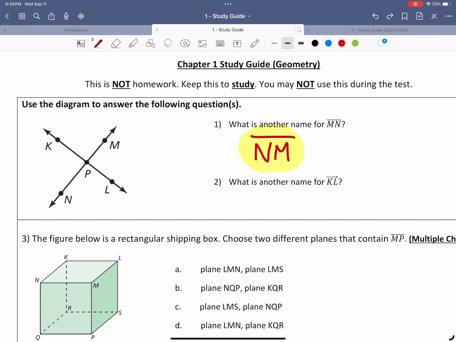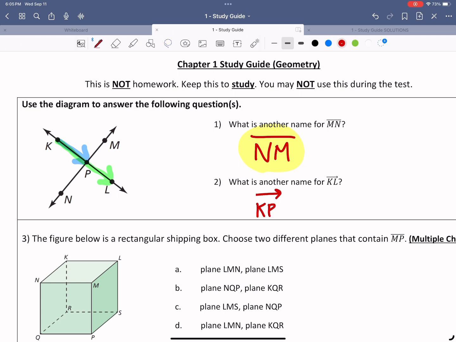Let's quickly use our handy highlighter, KL. Which one starts from the same point and goes in the same direction, so that if you were to take this, eventually it'll line up with the same exact ray? Playing a little bit of Dora the Explorer here, I would assume you answered correctly. It's KP.